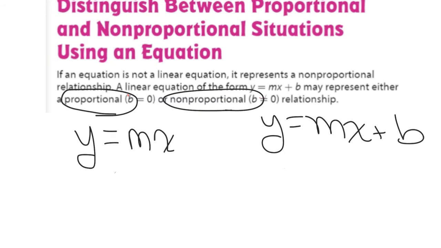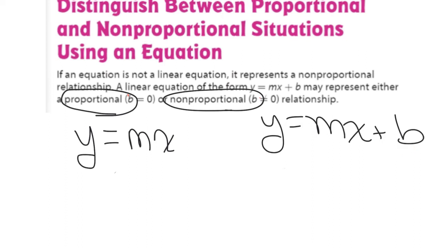You see on the first equation, there's nothing being added on to the end. There's no y-intercept. So it's automatically a 0. So that means that when you graph this, you go through the origin. If your equation looks like this, there's something added on to the end.